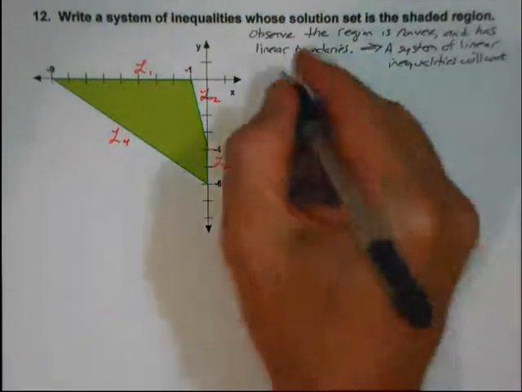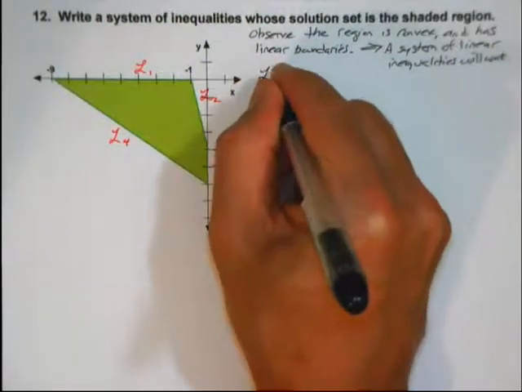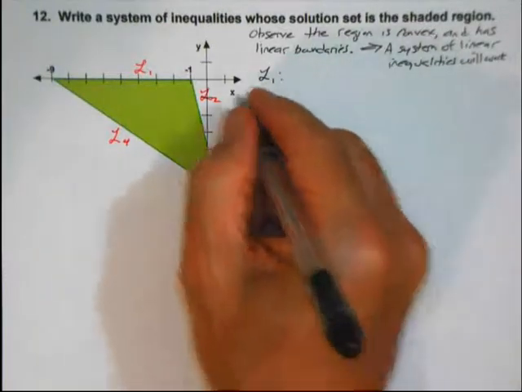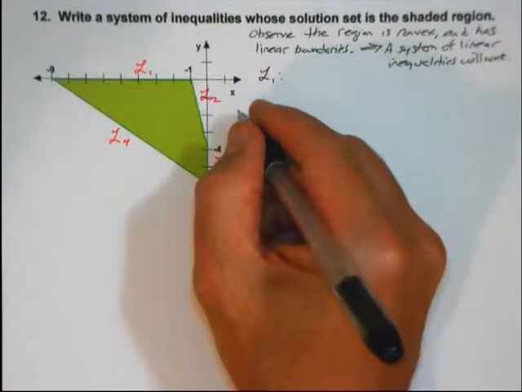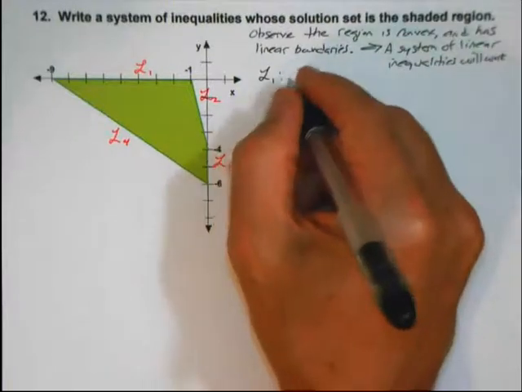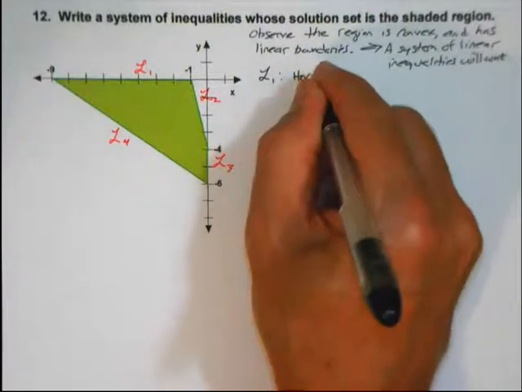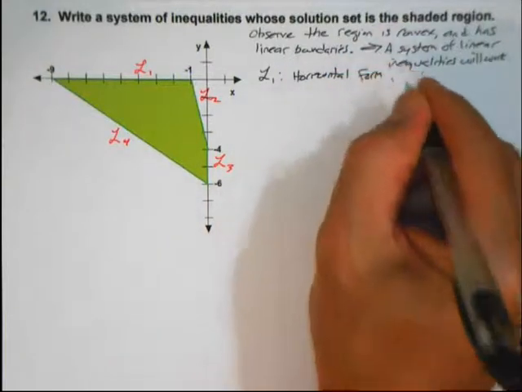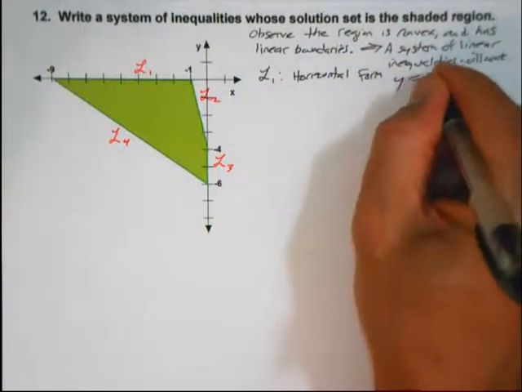Okay, let's begin with the inequality with L1 as the boundary line. First we need L1 itself, the equation. Okay, it's time for horizontal form. That means y equal to a constant.